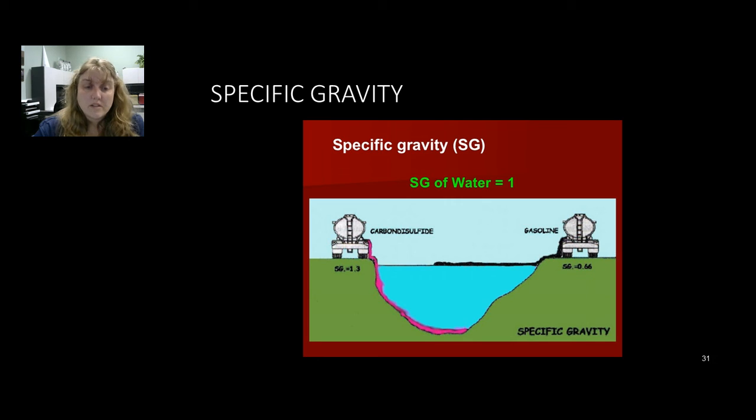It's going to sink down, whereas gasoline has a 0.6 specific gravity, so it will actually float on the surface of water. So those are also things to take into consideration when you're dealing at a hazardous materials scene. Is this something that's going to drop to the bottom of a liquid, or is it going to spread across the surface of the liquid?